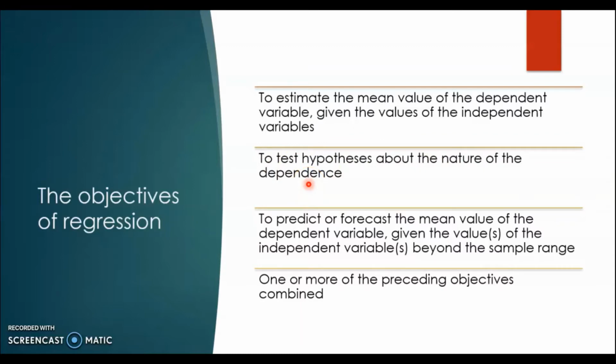We may be interested to identify the strength of the relationship between the dependent and the independent variables, or we may also want to know the direction of the relationship between the variables. The variables may have a positive relationship, or they may have a negative or inverse relationship.